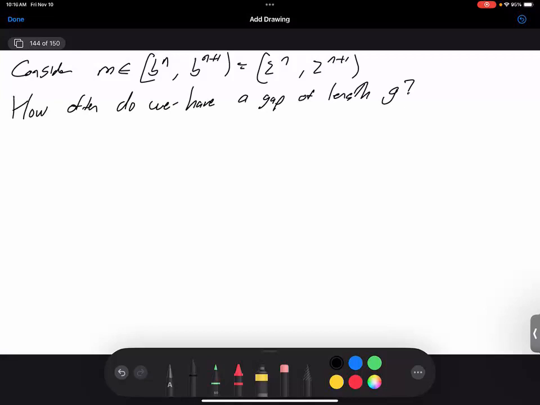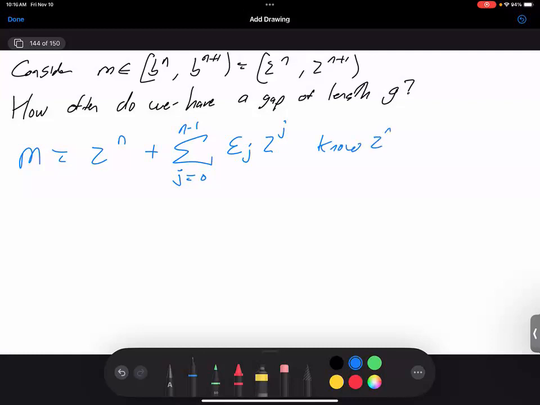Now, if we're in this interval, we know we have to have 2 to the n as one of our summands. So we know we can write m as 2 to the n plus the sum, j goes from 0 to n minus 1, epsilon j 2 to the j. We know 2 to the n is a summand, as in the interval 2 to the n, 2 to the n plus 1. But we don't know about the other terms.